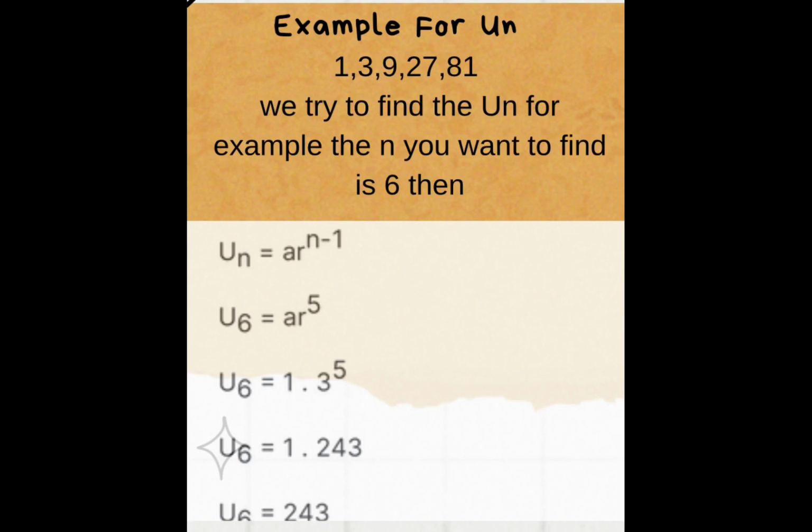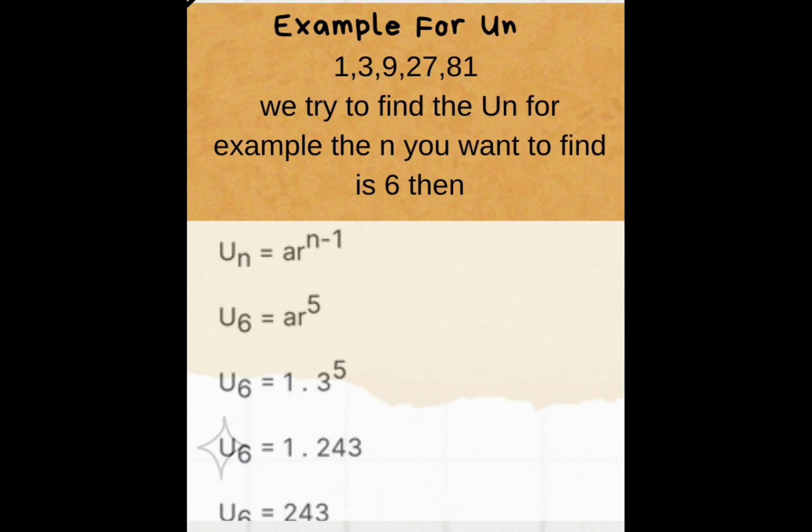So the answer is Un is equal to a times r to the power of n minus 1. Un, we replace n and find 6. So U6 is equal to a times r to the power of 5.